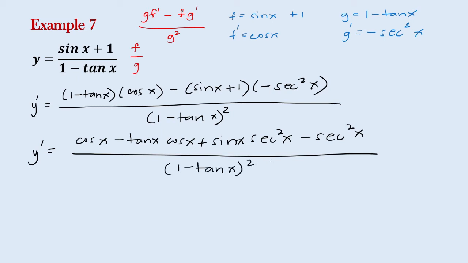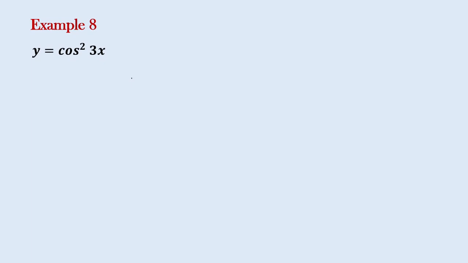Let's say we need to get the derivative of cosine squared 3x. So we can write this as y is equal to cosine 3x and then squared. So we're going to apply chain rule. So again, for chain rule, let us get the derivative of the outside function, leaving the inside function.